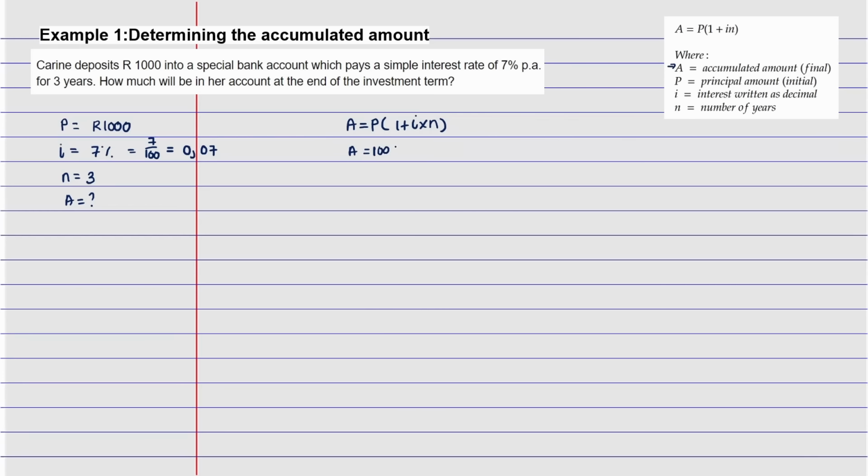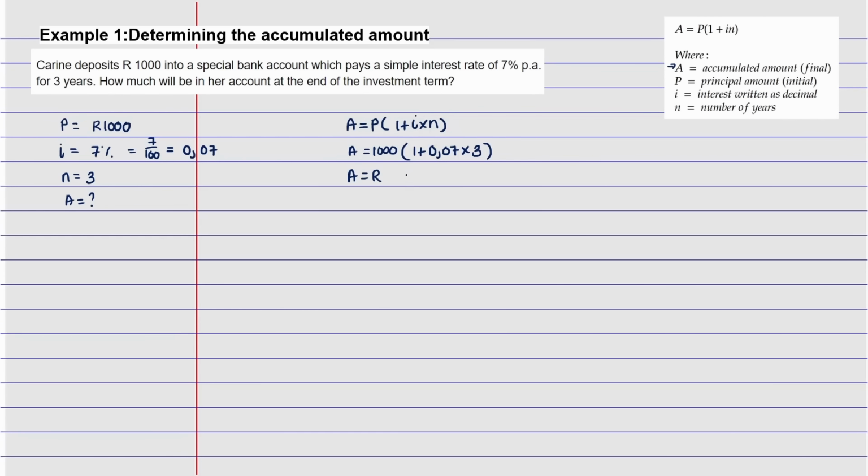It's 1,000. Then we have 1 plus, in decimal, our interest, which is 0.07, multiplied by N, which is 3, the number of years. Then you punch that into the calculator, and you're going to get that A is equal to what?